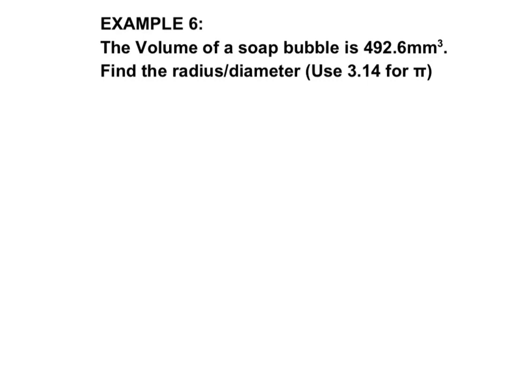For this problem, we're looking at the volume of a soap bubble, which is a certain number of millimeters cubed. Find the radius and diameter. First we need to know the volume formula, which is 4/3 pi r cubed.